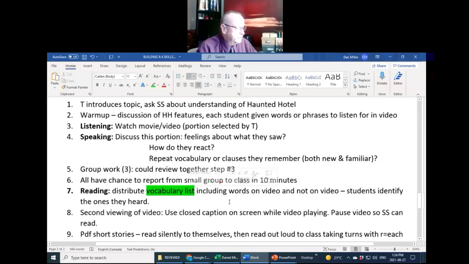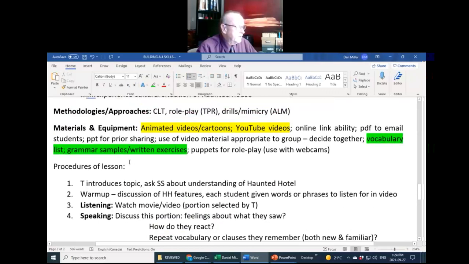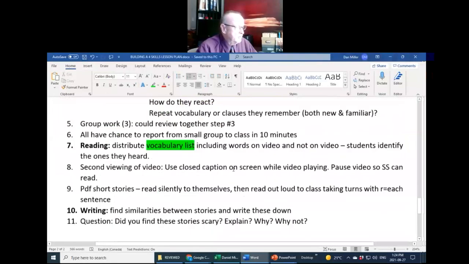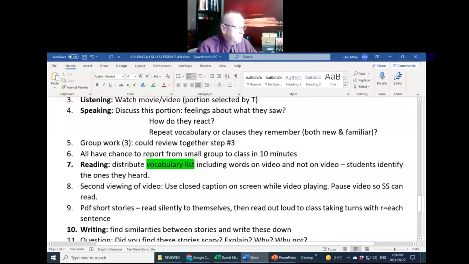You should have a vocabulary list that you would distribute to the students so that they can find those vocabulary items. So when you're developing your lesson plan and you say, oh, I will distribute a vocabulary list, don't just say that, but also include with your lesson plan the actual vocabulary list.